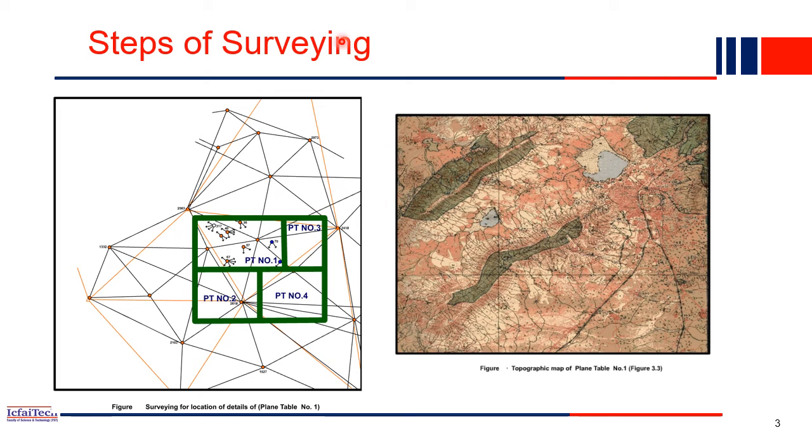Here you can see the detail surveying is carried out within the smallest triangle. What do we do in the smallest triangle? Detail surveying means we are now locating the hills and the lakes, all these things. During the surveying, measurements like distances, directions, and angles are important and are taken. From this point, see here one lake is there, so this lake is shown here.